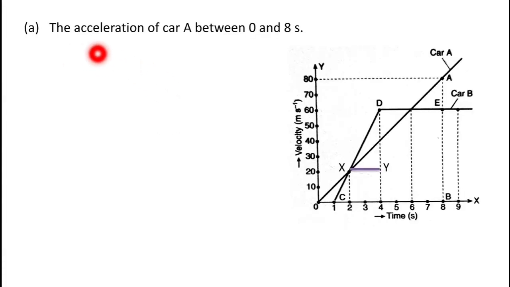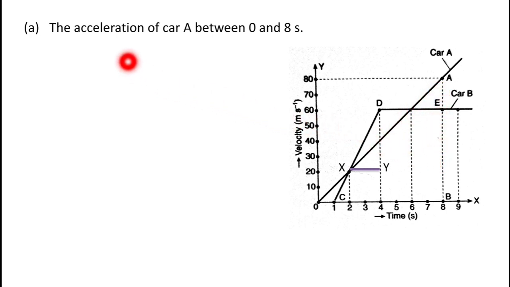In the first part we have to calculate the acceleration of car A between 0 and 8 seconds. From this given velocity time graph, it is clear that the line OA represents the graph for car A. And we also know that the slope of the velocity time graph gives us the acceleration. But for determining slope we need a triangle.